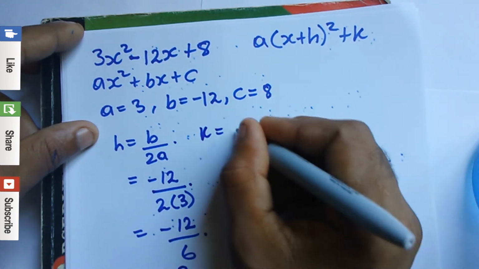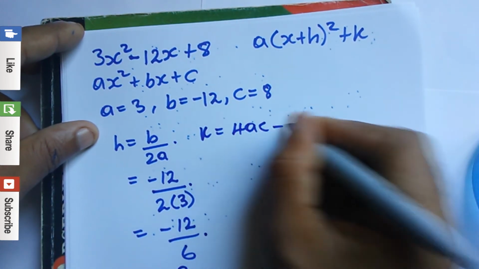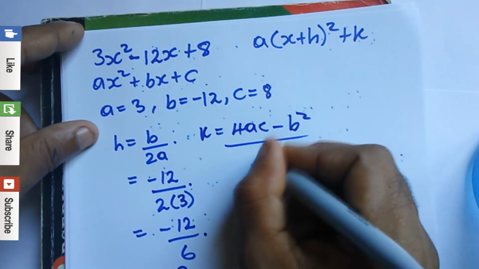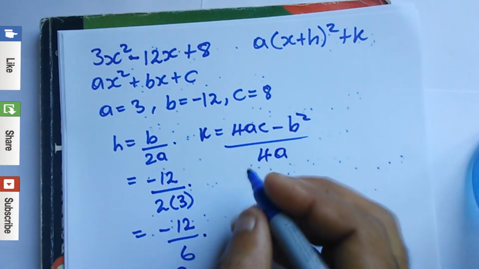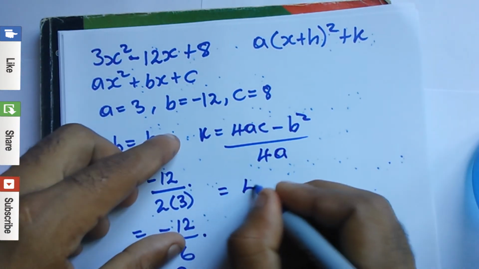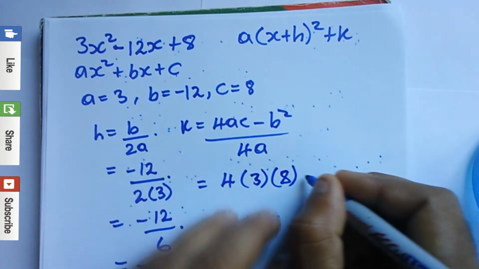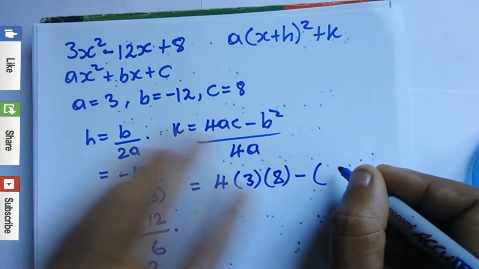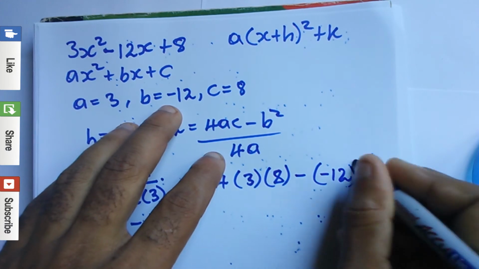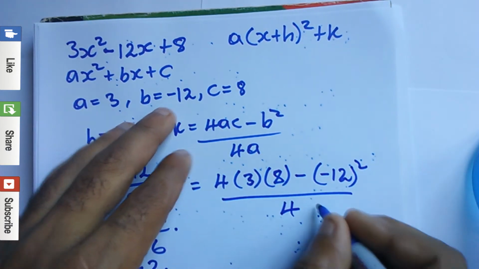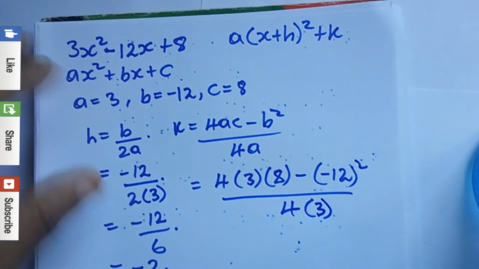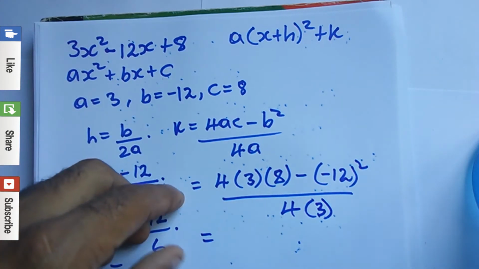k is equal to 4ac minus b squared all over 4a. So it's equal to 4 times 3 times 8 minus bracket negative 12 squared, divided by 4 times 3. I said you can use your calculator, multiply these quickly.